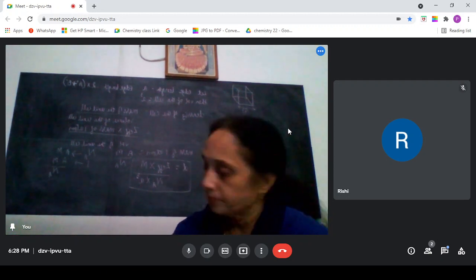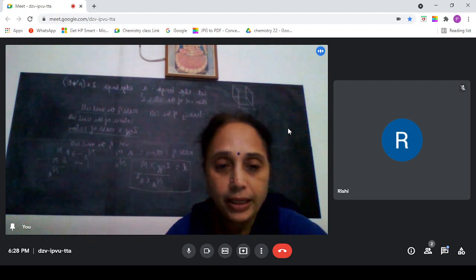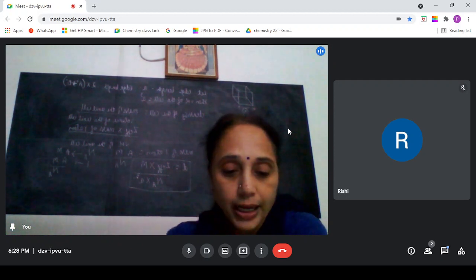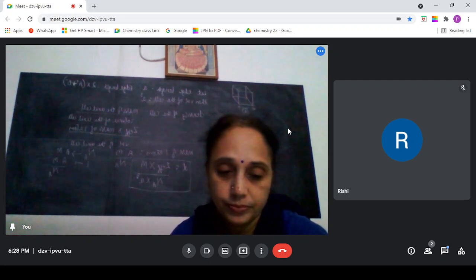288 picometer. The density of the element is 7.2 gram per cc.